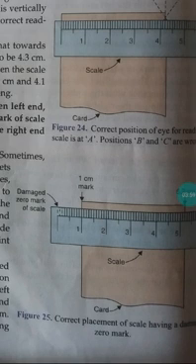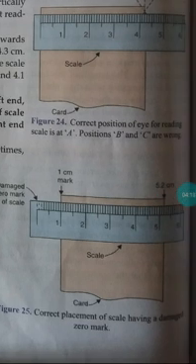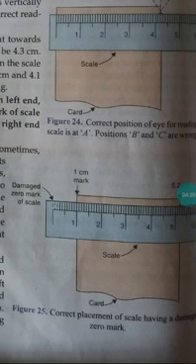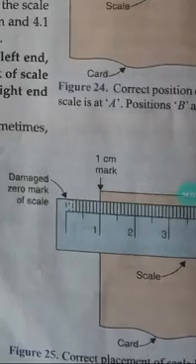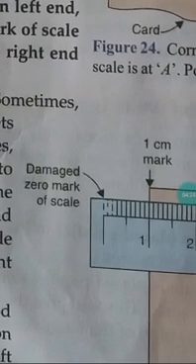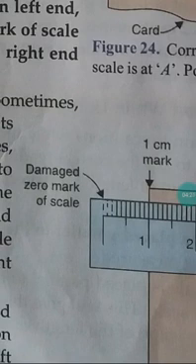Suppose we know there are some divisions in the scale, and the very first mark of the scale is known as what? Zero of the scale, or zero mark of the scale. Yes, but due to continuous use, the scale may break. Now see, if this left end is broken, that is, the zero mark will go away, right?